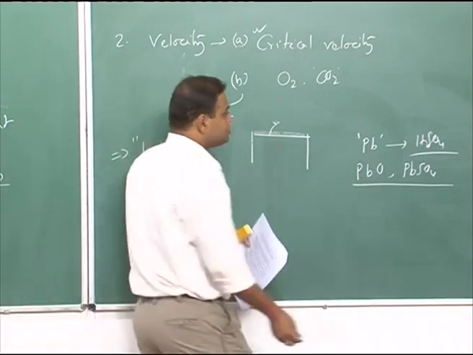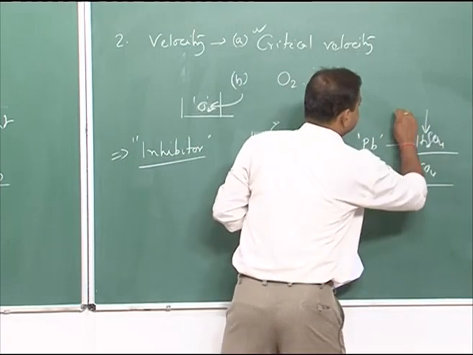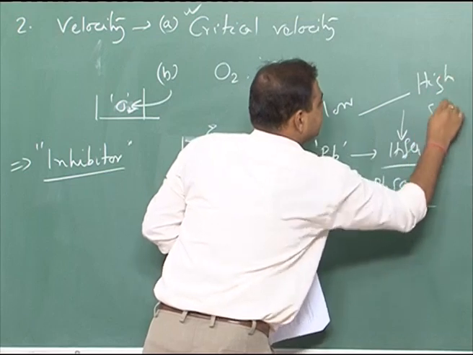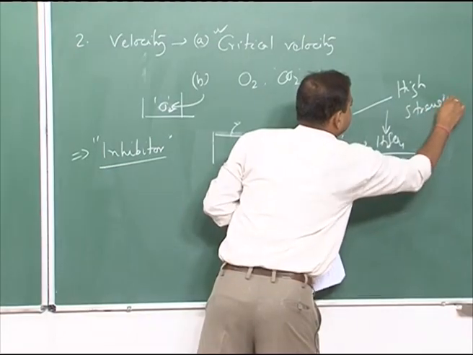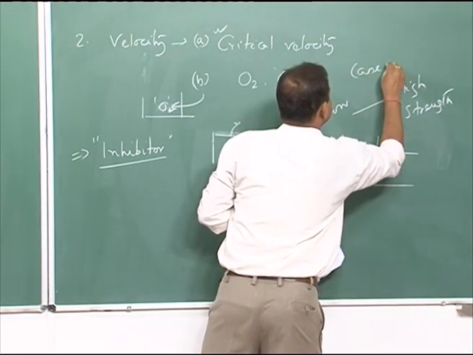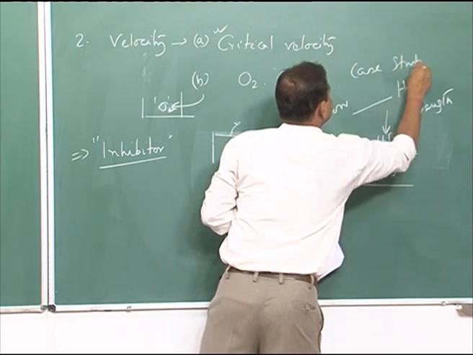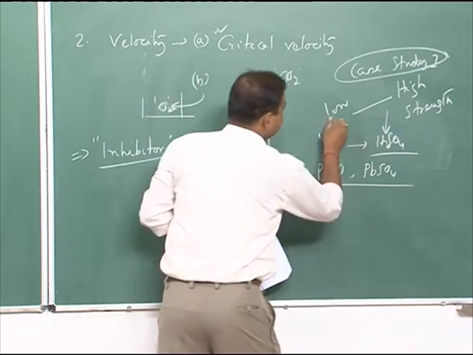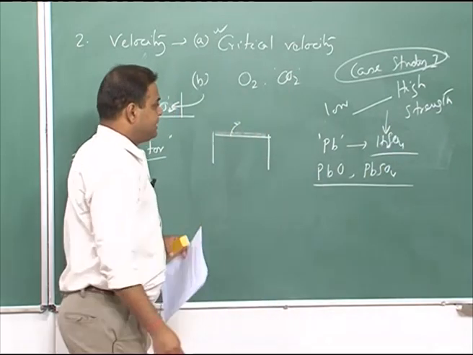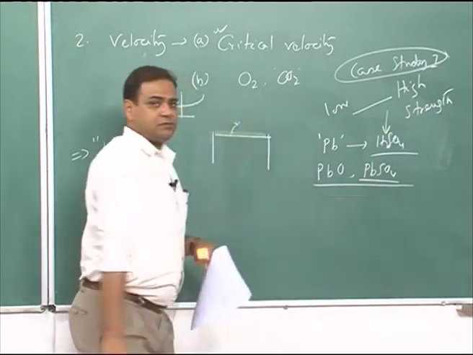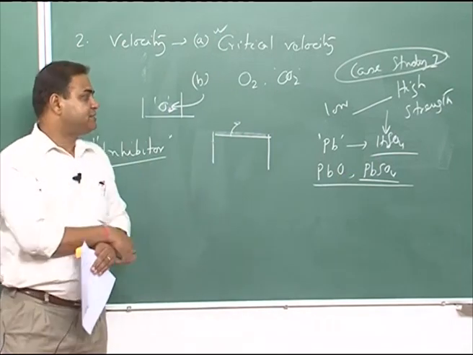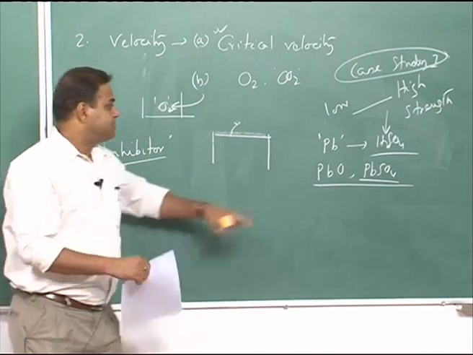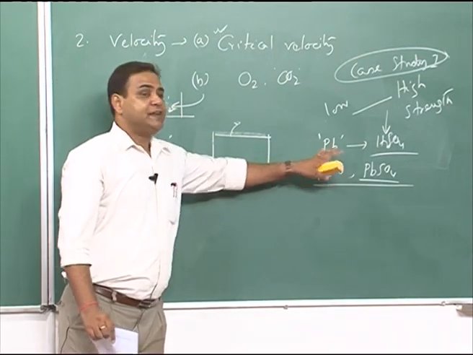Now, if the solution strength increases and it goes from low to high strength, this is case study 1: lead sulphate dissolves, and once lead sulphate dissolves, you have less protectivity of that passive film over the lead surface.